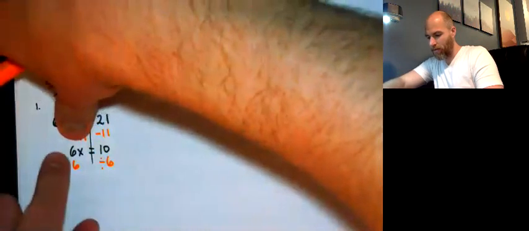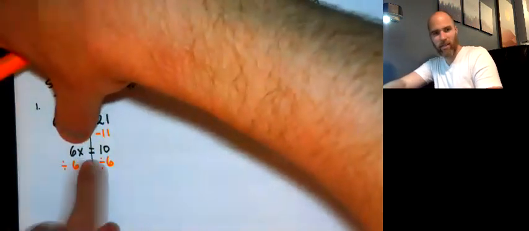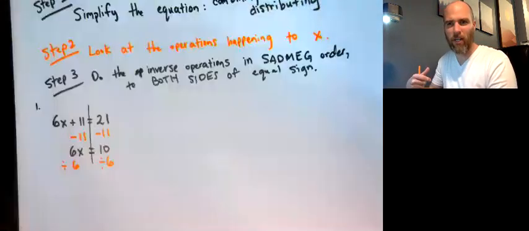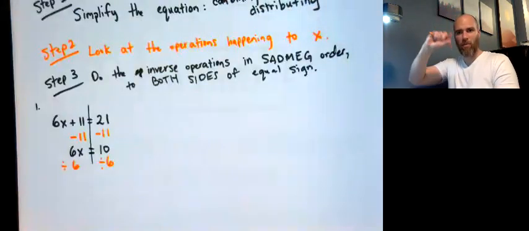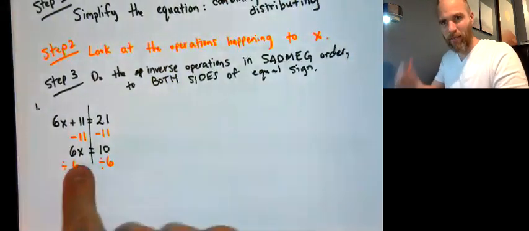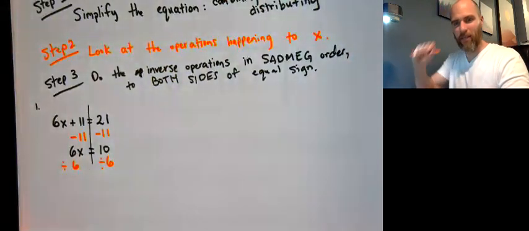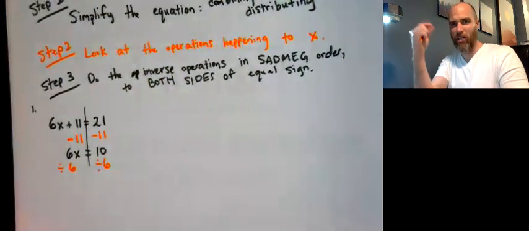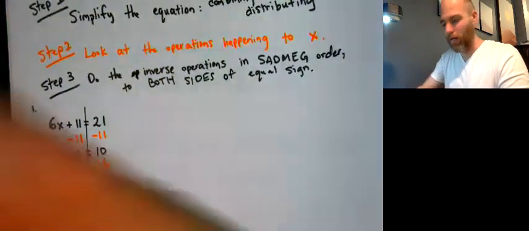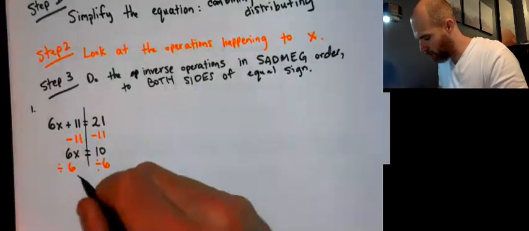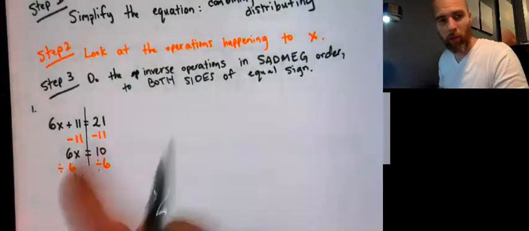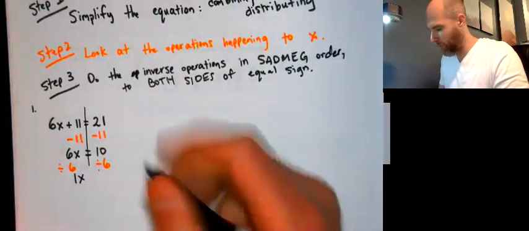Like 6x over 6 as a fraction bar. In fact, I almost wish I'd used a fraction bar instead, but whatever. If you have a 6 on top and a 6 on bottom of a fraction, they make a 1, right? And that's what happens here. This 6 that's multiplying and the 6 that's dividing, they divide each other and they become 1. So what we're left with is 1x. I'll put the 1. I don't normally write that 1, but I will this time.